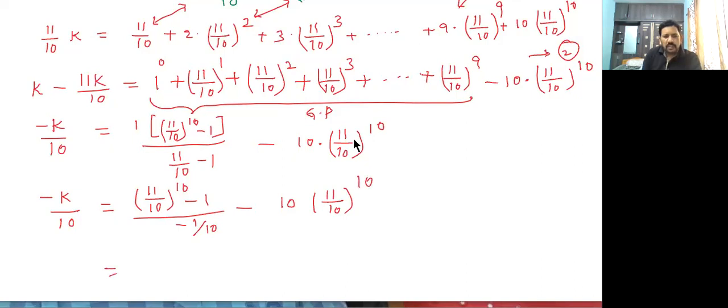Here the minus 1 by 10 goes to the numerator, that is minus 10, so you will get minus 10 into 11 by 10 whole power 10 minus 1. Minus into minus is plus 10, minus 10 into 11 by 10 whole power 10. This is it.